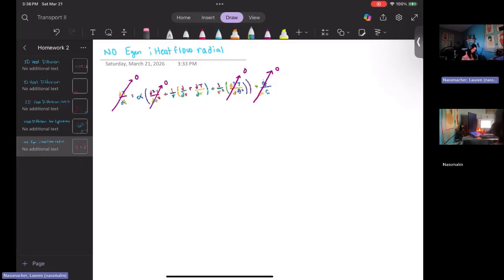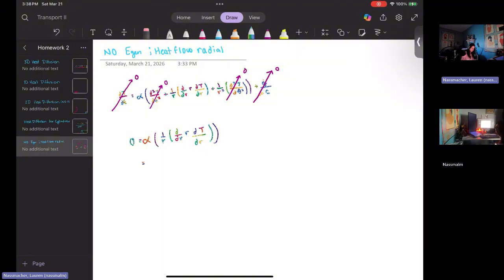So we have an equation where 0 is equivalent to our thermal diffusivity multiplied by 1 over our radius multiplied by our change in our radius, multiplied by our radius, multiplied by the change in temperature over our change in our radius. That's a mouthful. From there, we want to integrate.